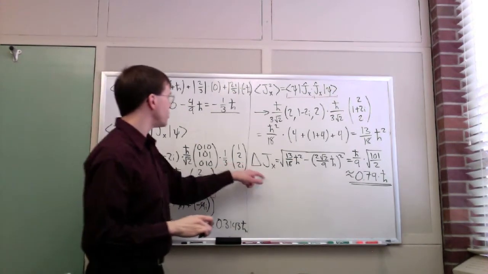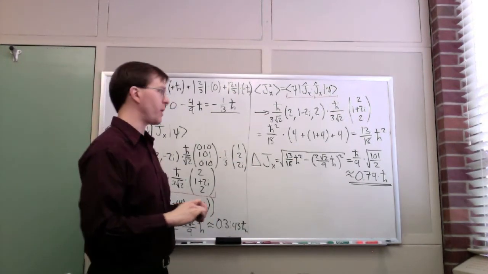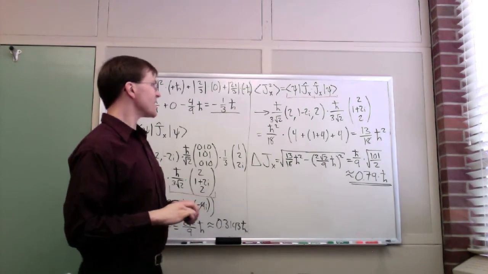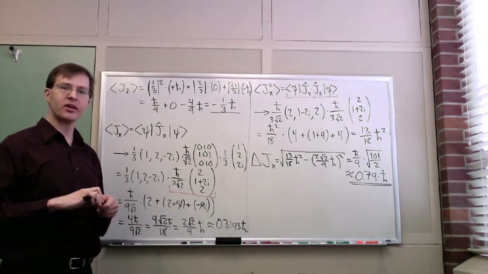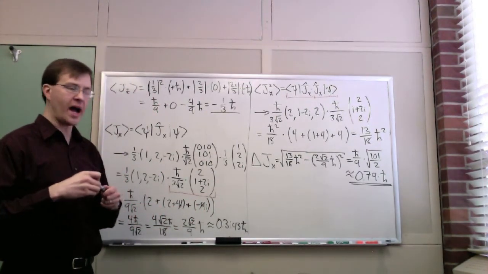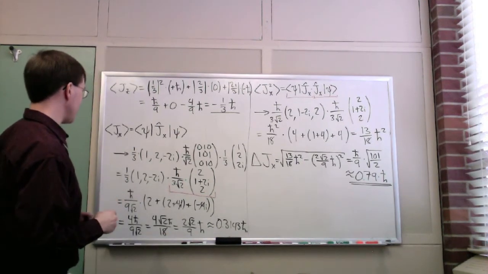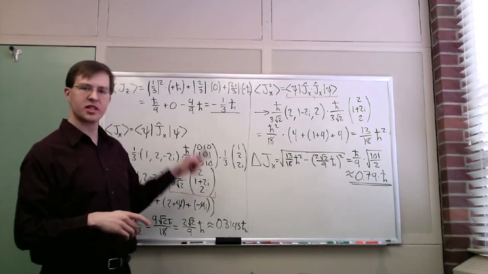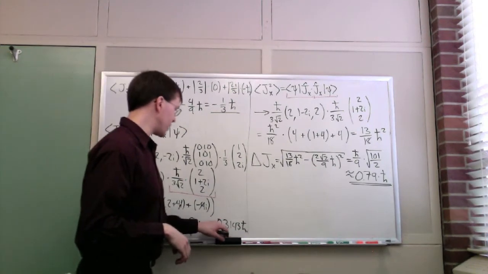So I already have 2 of the 3 pieces I need for my final uncertainty calculation. I just need to repeat this calculation, except for the Jy state. And maybe I could be really lazy and try to reuse some of my writing on the board here, to see what changes.